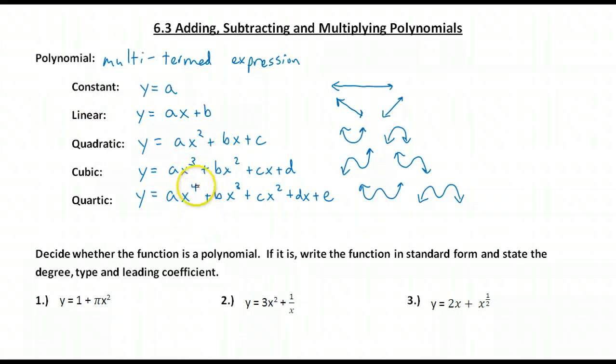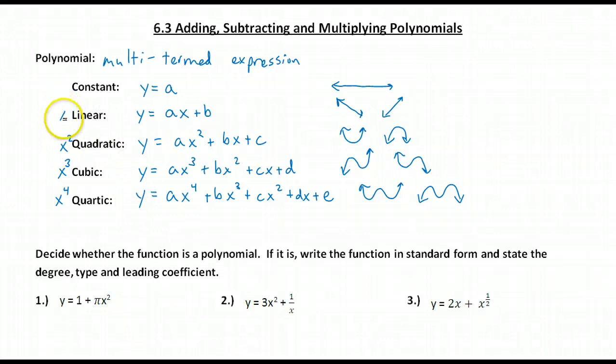If you look, the highest degree of x in each one of these cases tells us what kind of polynomial we have. So if we look at a quartic, we have x to the 4th power. Cubic, we have x to the 3rd power. Quadratic, x squared.